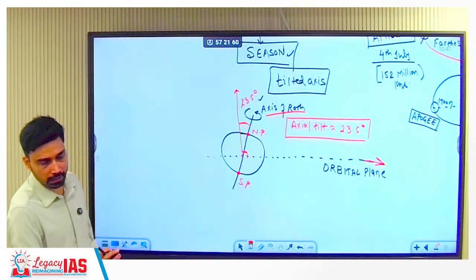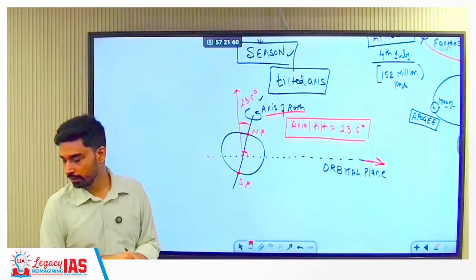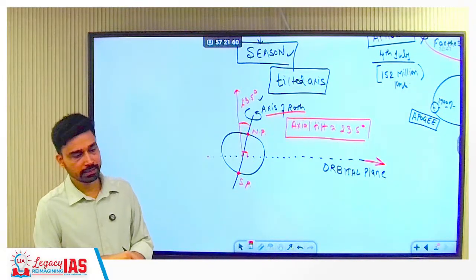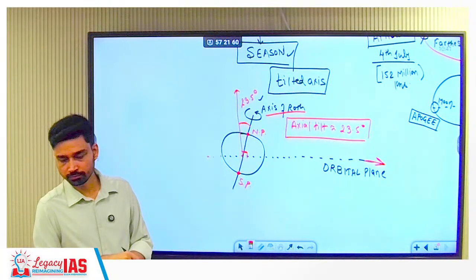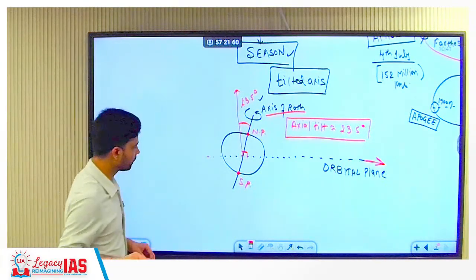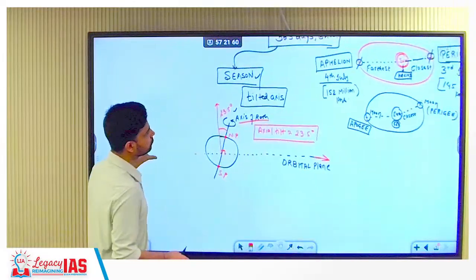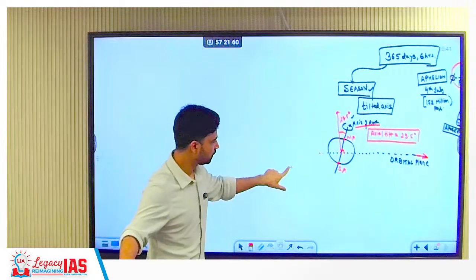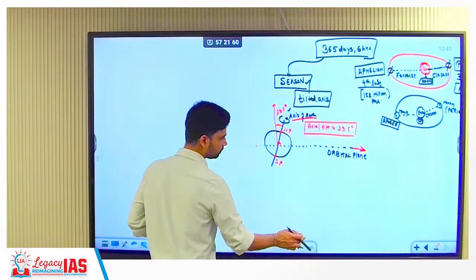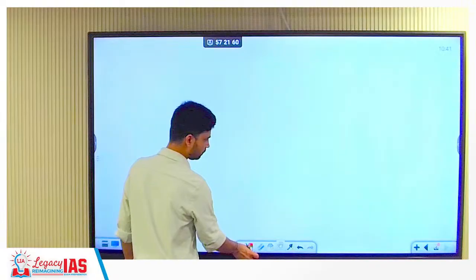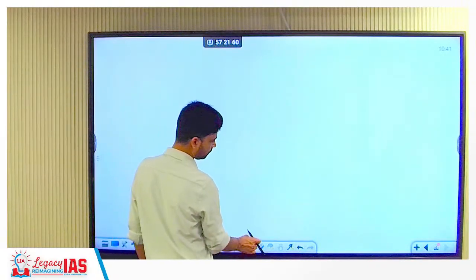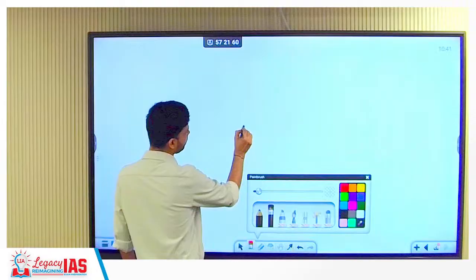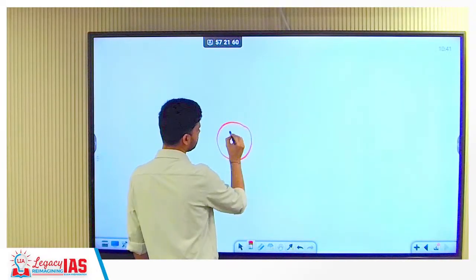So we can give the heading occurrence of season. Imagine at the center we have the sun.